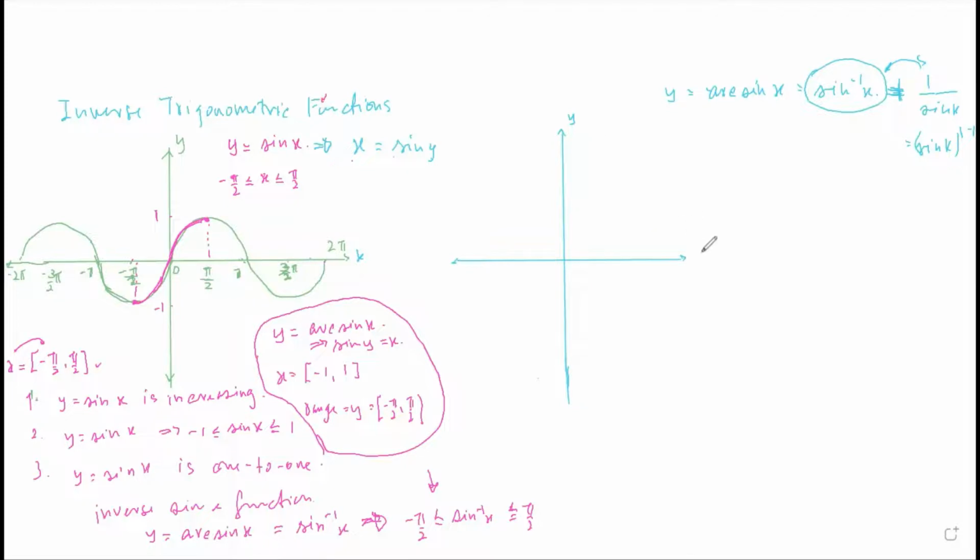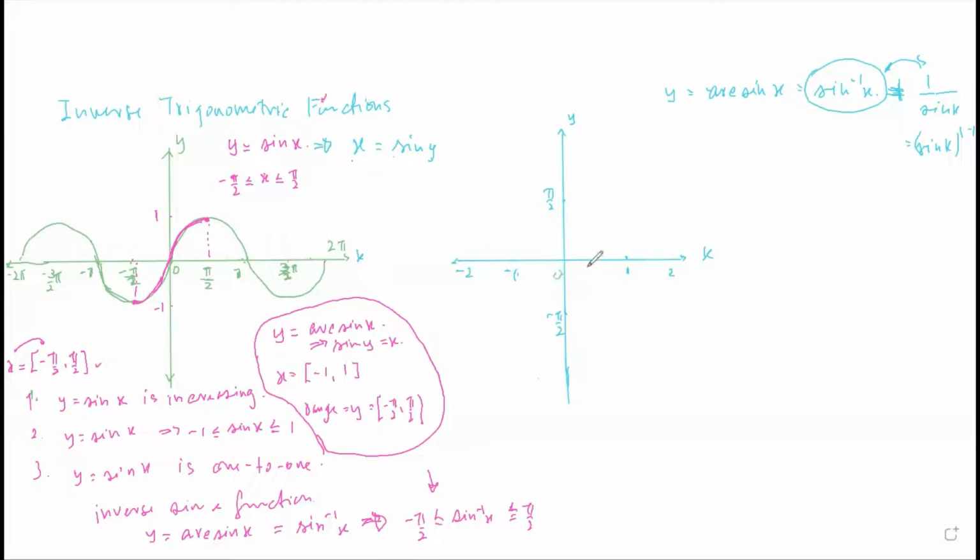So this is still y and this is x, but x now becomes the number, like 1, 2, and so on, and this one negative 1, negative 2. And this one is pi over 2, and then down here negative pi over 2.